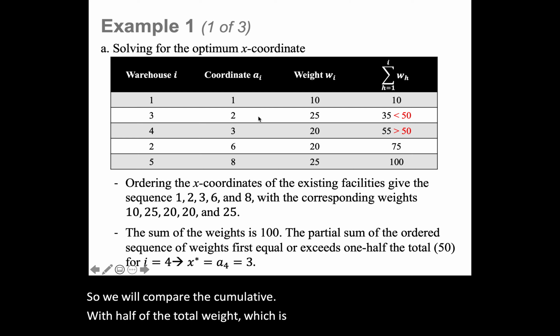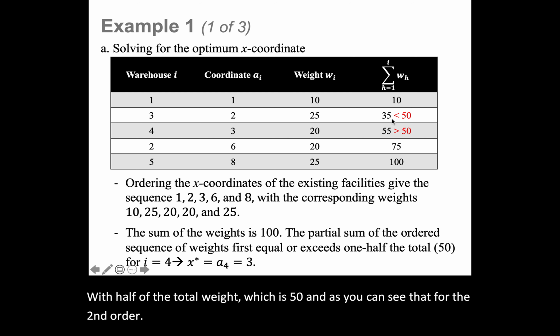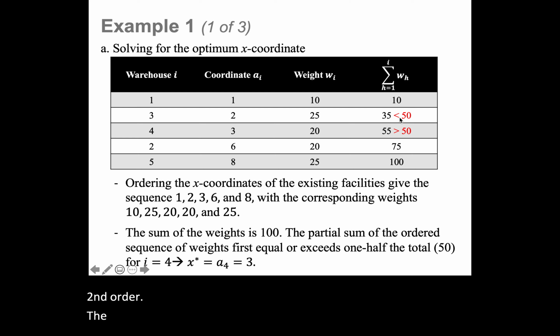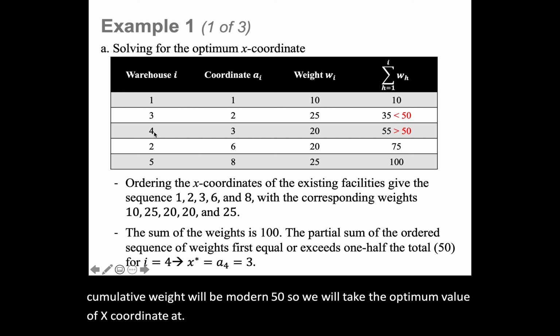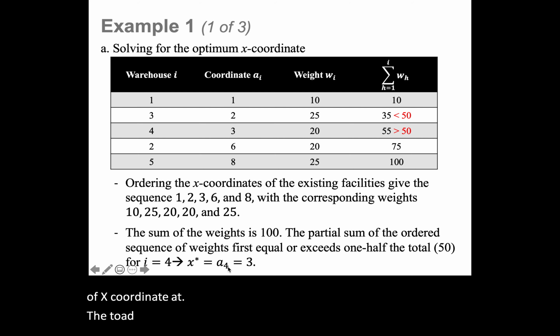And as you can see, for the second order, the cumulative weight is less than 50. But for the third order, the cumulative weight will be more than 50. So we will take the optimum value of x coordinate at the third order, which is a4, which is equal to 3.